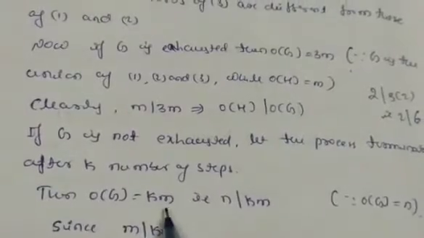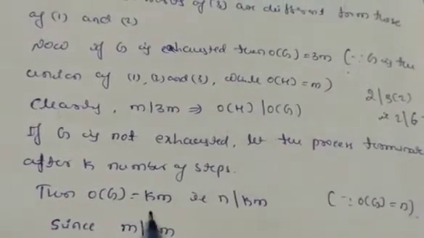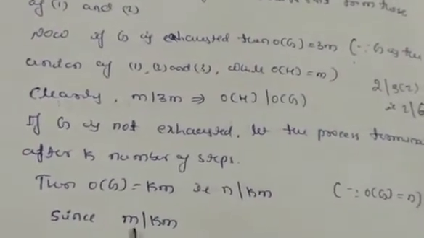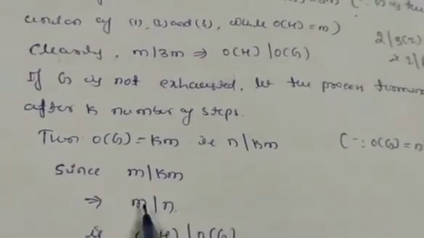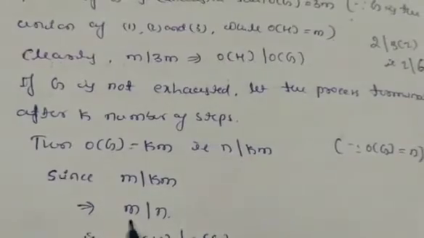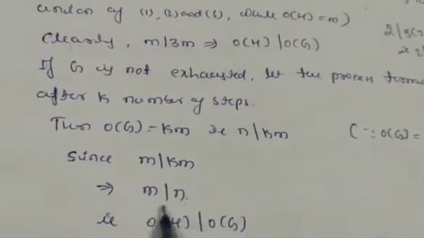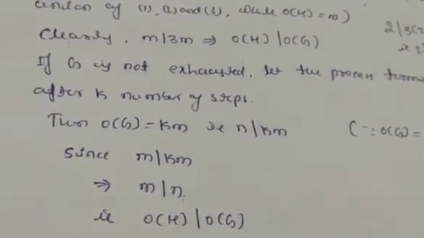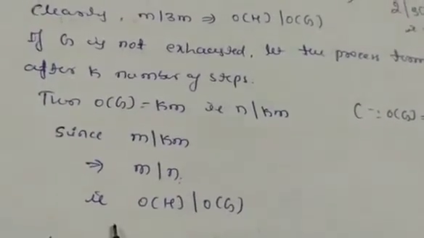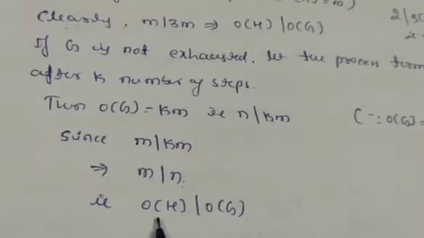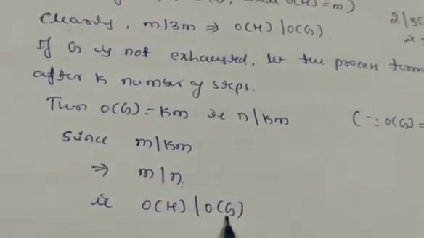Since m divides km, this implies m divides n. That is, m is the order of H and n is the order of G, so the order of H divides the order of G.